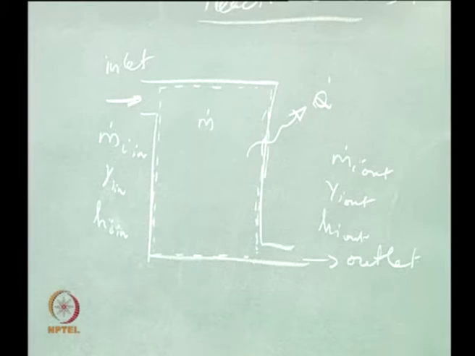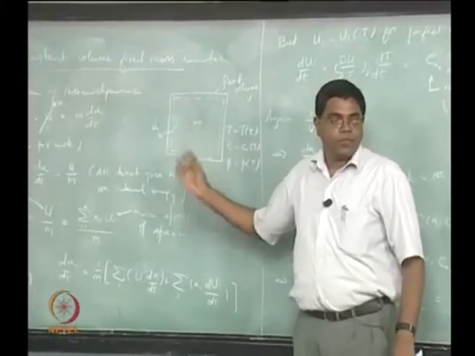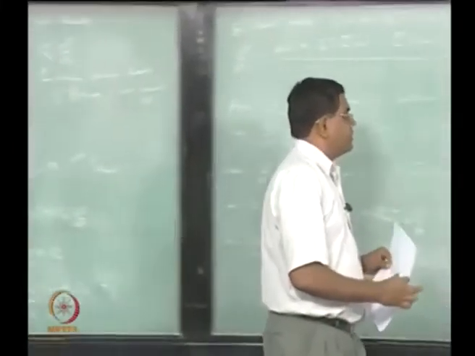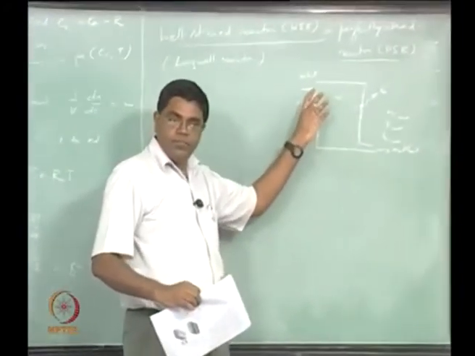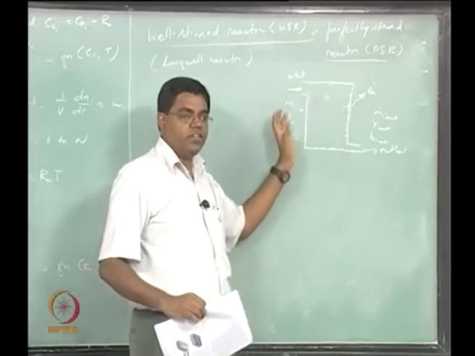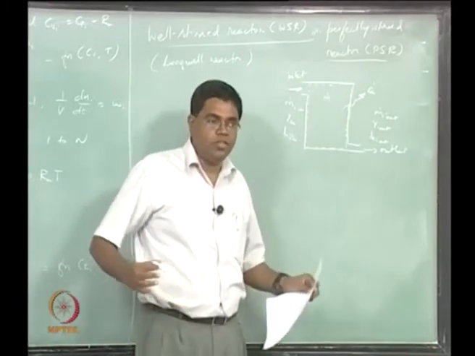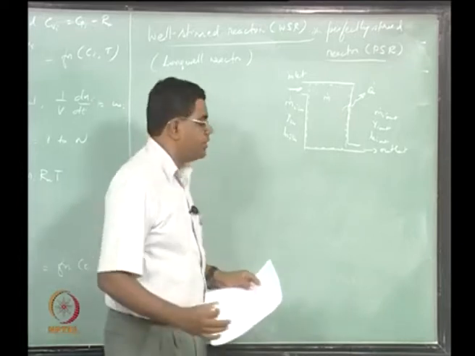We did not use m dot here, that is the reason why I was apologetic. This is a fixed mass flow rate system. When you say fixed mass flow rate, implicit in it is that we are looking at steady state; you do not have any accumulation or depletion of mass.